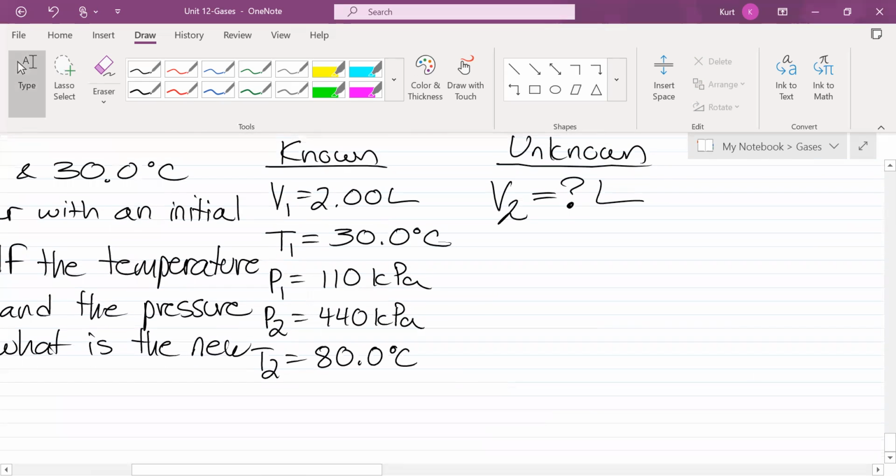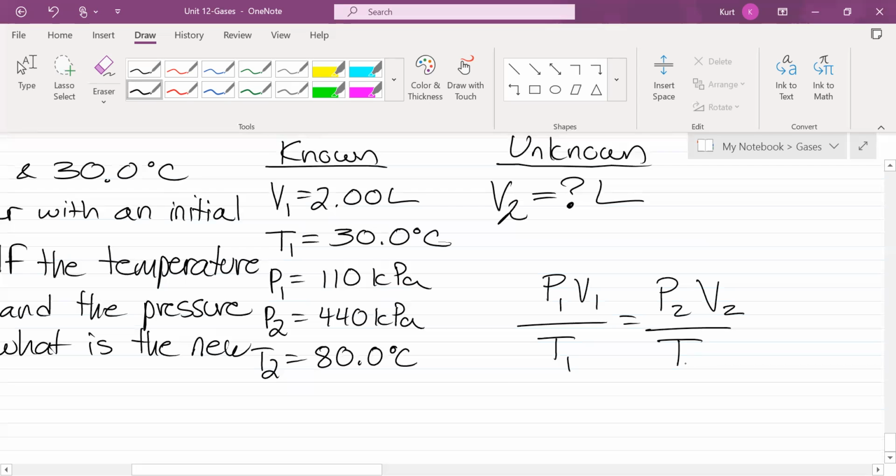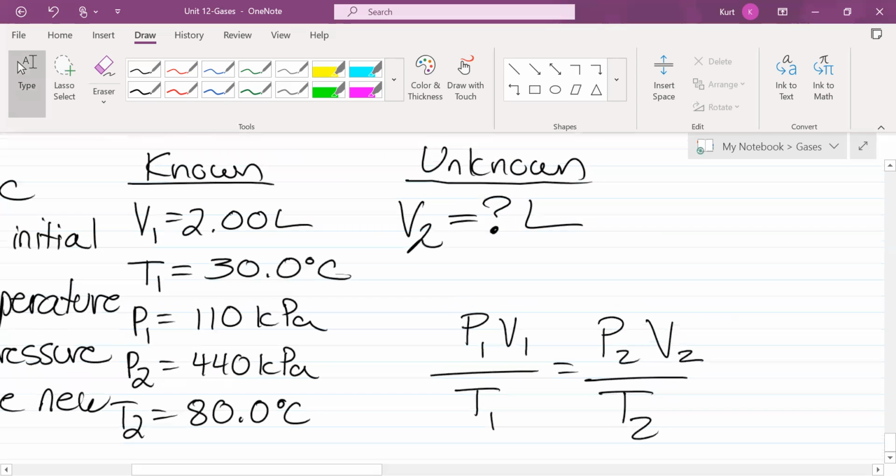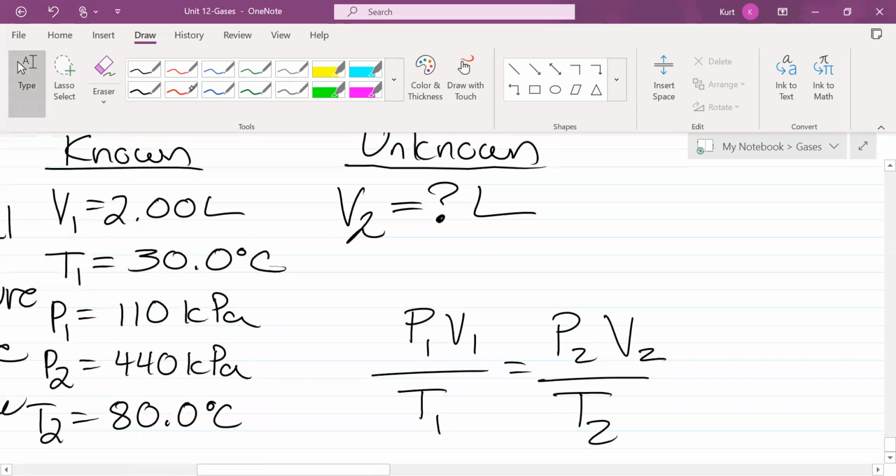Okay, guys, so if you set up your original equation, like so, P1 times V1 over T1 equals P2 times V2 over T2. If you're a little rusty on the whole algebra, this is why you come to class. So we are given V1, we're given T1, we're given P1, we're given P2, we're given T2.